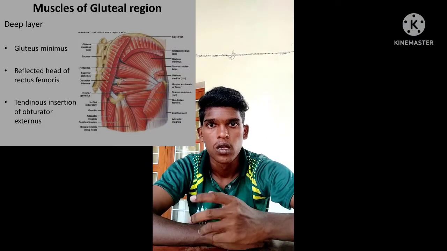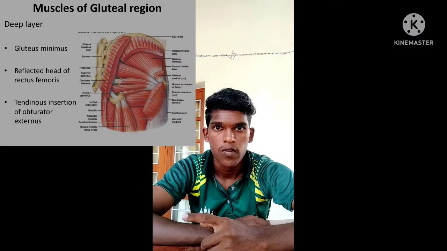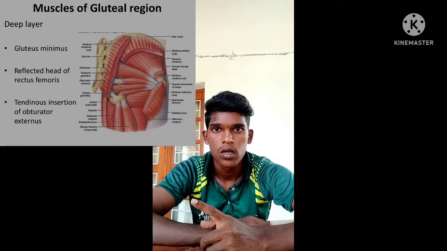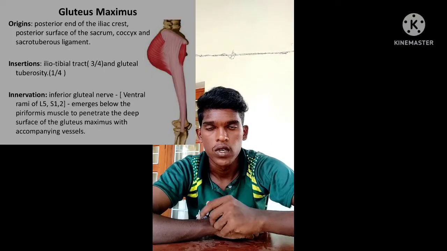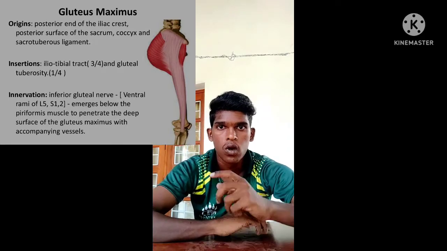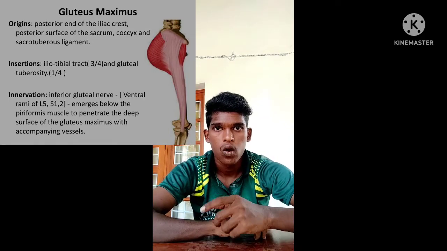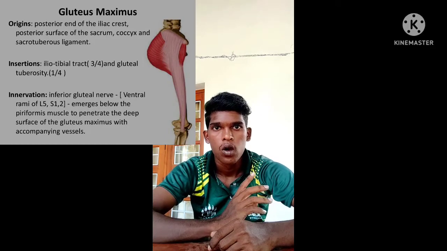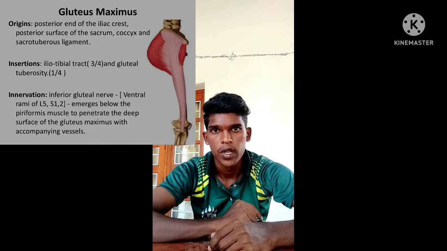The third one is the deeper layer, that is gluteus minimus, reflected head of the rectus femoris, and tendinous insertion of obturator. Gluteus maximus: origin, insertion, innervation, and actions. The origins are the posterior end of the iliac crest, posterior surface of the sacrum, coccyx and sacrotuberous ligament.